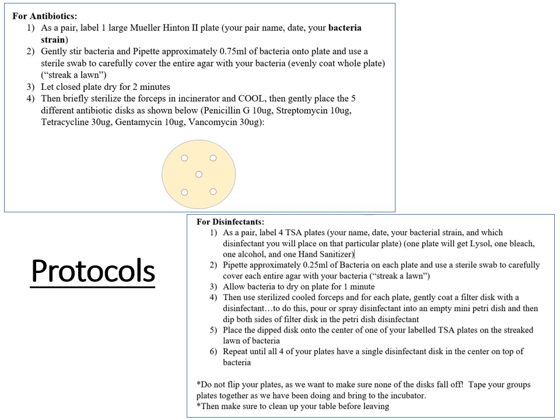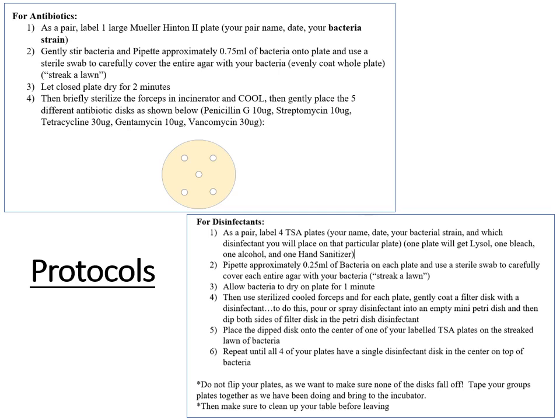You would pick one bacterial strain, swab it all over the plate, and then sterilize your forceps and place the antibiotic discs separated from each other so that they're not mixing together, and so that you can see a nice zone of inhibition. Always be careful not to place them too close to the edges, because you don't want to have trouble looking for those zones later on.